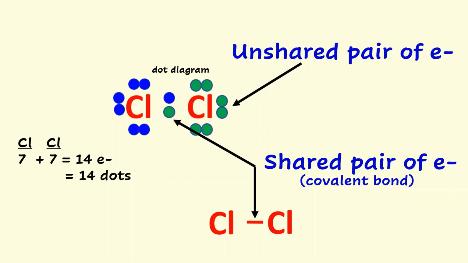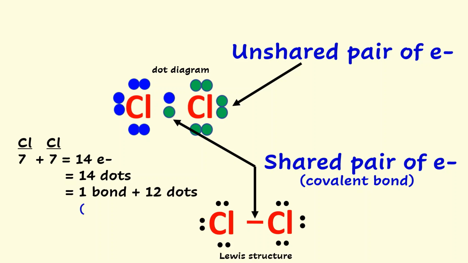And remember that dash represents 2 electrons. But we need a total of 14 electrons represented. So in this case, we would need to include the 6 unshared pairs of electrons as well. And those 6 unshared pairs represent 12 electrons. The dashed line represents 2 electrons. We could also write this as a molecular formula of Cl2.